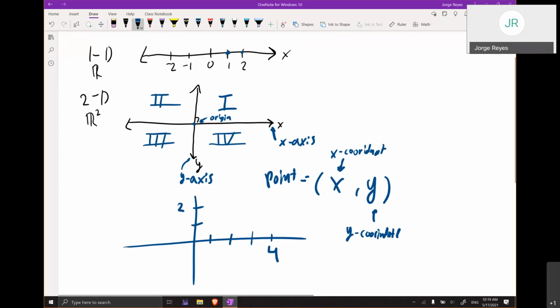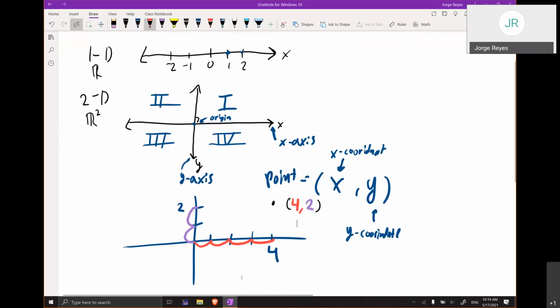All right, so if I had the point here, 4, 2, so 1, 2, 3, 4, so 4 is gonna go there, and then 1, 2, and the 2 goes there. So this is the point 4, 2 because of this.